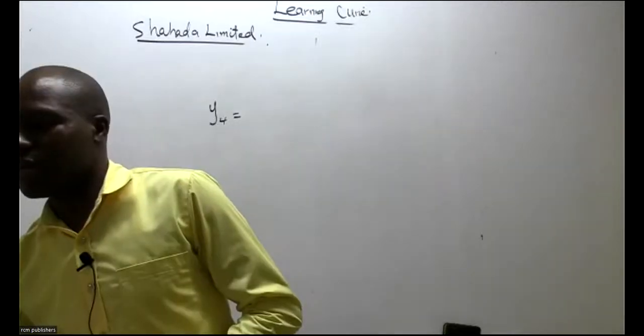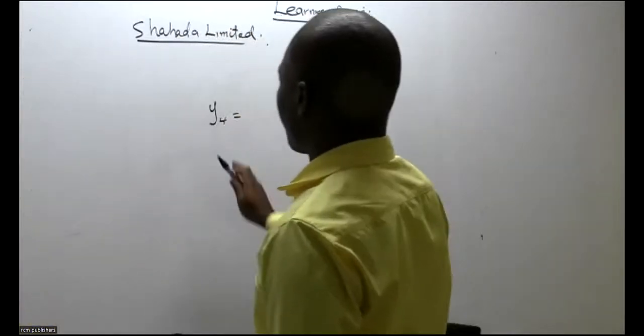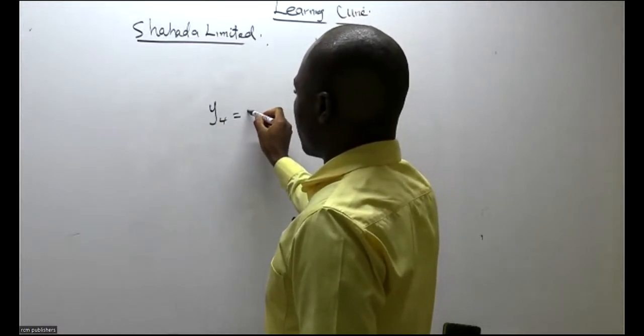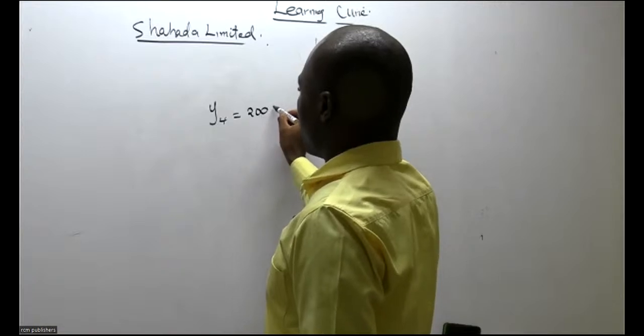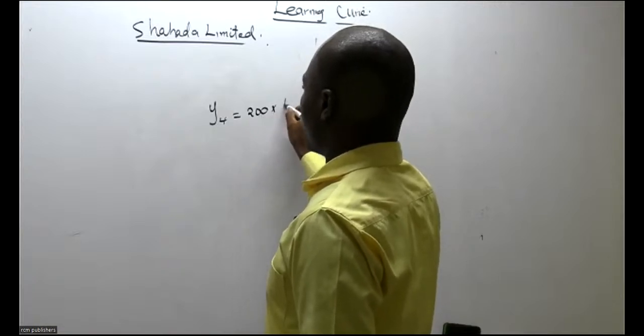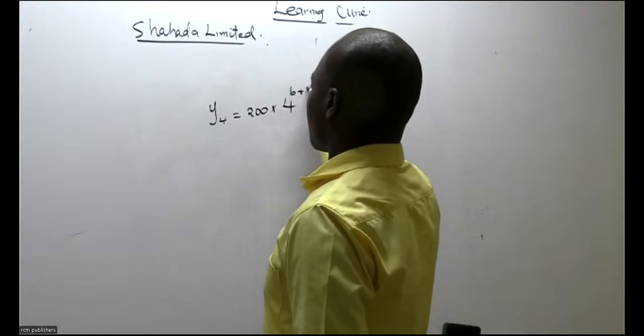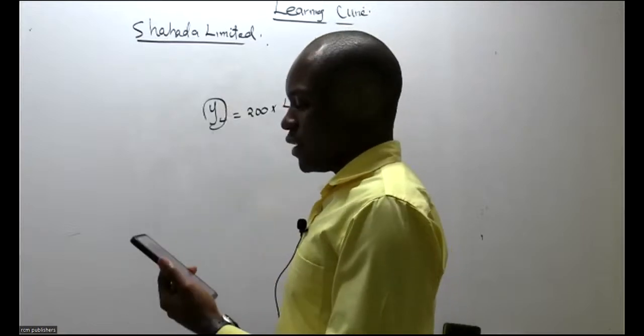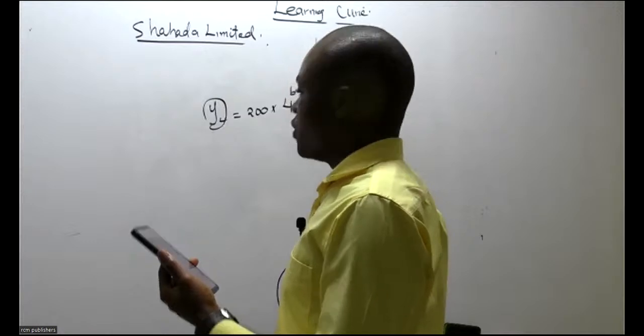Let's see if you are going to have something close to that. Y4 is equal to the hours for the first unit multiplied by X, which is 4, raised to the power B plus 1. This one here, we already have it as 648.